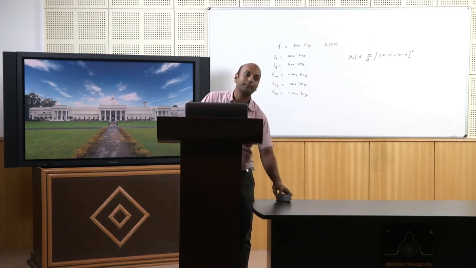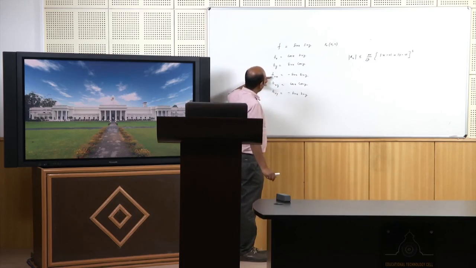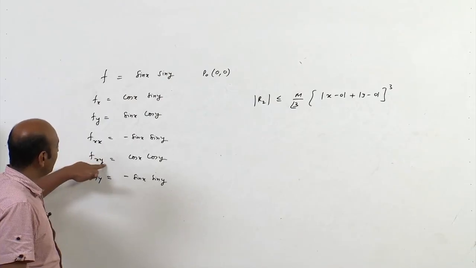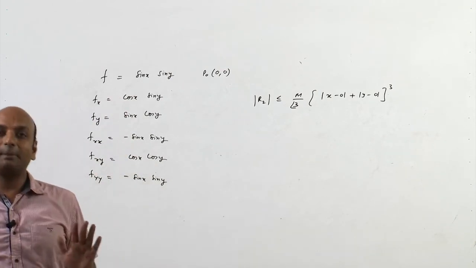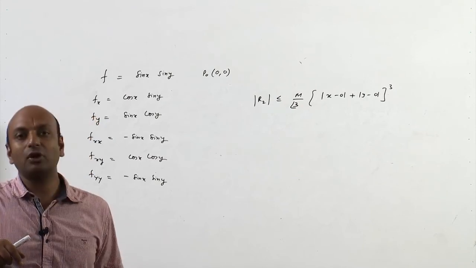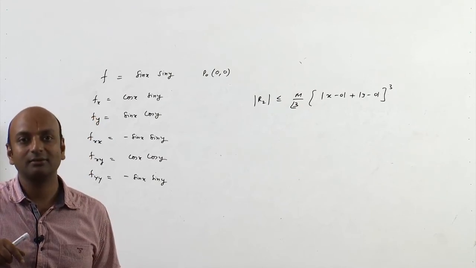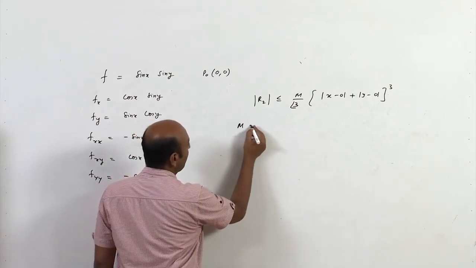How can you find that? Now, any combination like f_xxx or f_xyy will contain the terms of sin and cos only, and the maximum value of sin into cos is always 1, because the maximum value of sin is 1 and cos is 1. So, we can simply say that upper bound of m will be 1.